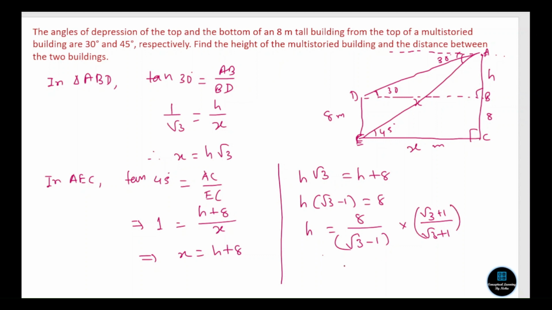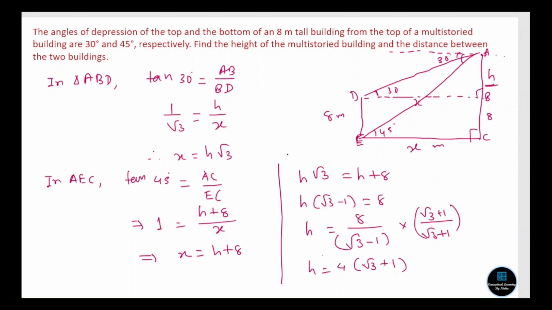And what do we get? This is root 3 minus 1, root 3 square minus 1 square, which is 2. Okay, 8 upon 2 is 4. So I'll get 4 times square root of 3 plus 1. Now this is this much h.